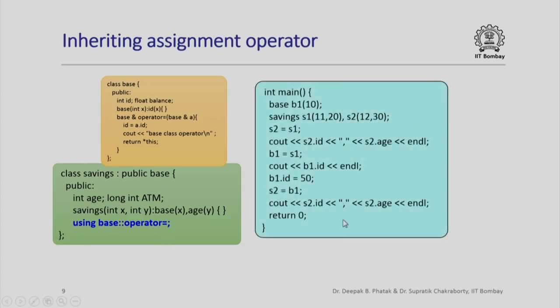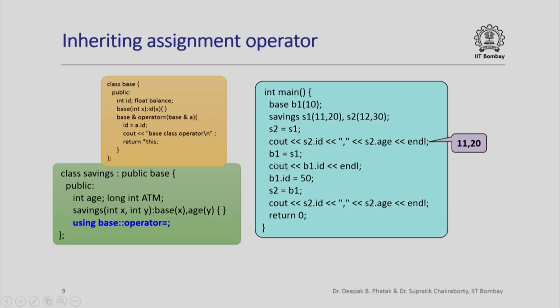So now let us look at what will happen with this main program. So this is pretty much the same as we had seen earlier. So here the default assignment operator of the savings class will get invoked, which means that all the data members of S1 will get copied to the data members of S2. So when you print this, you will get S2.id as 11 and S2.age as 20.